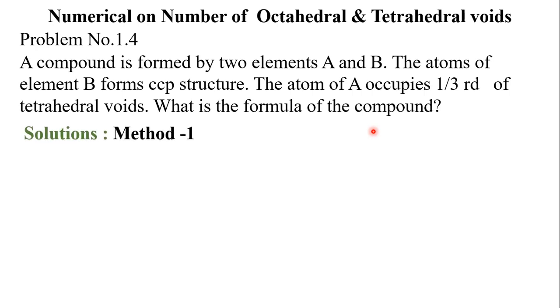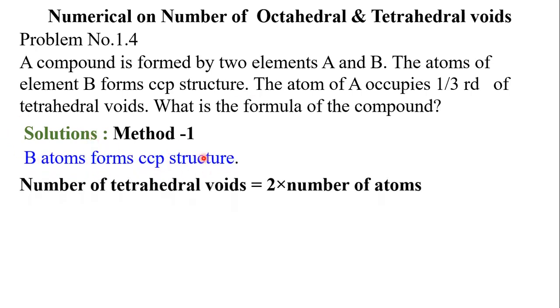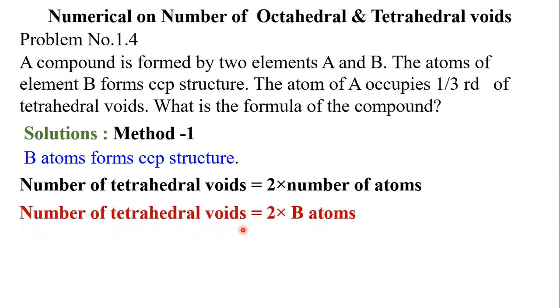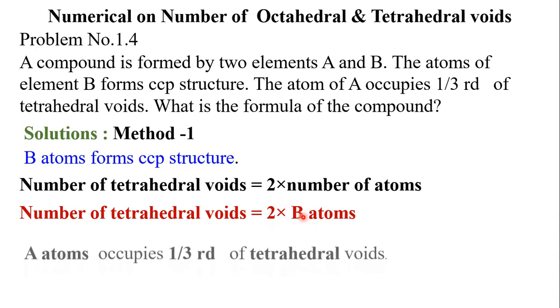So this example can be solved in two ways. We will see here the first way. You know that B atoms form CCP structure, it forms FCC structure, and number of tetrahedral voids is equal to 2 into number of atoms. Therefore number of tetrahedral voids is equal to 2 into B atoms.